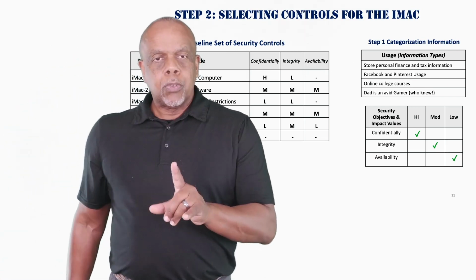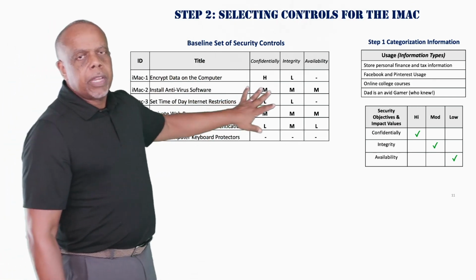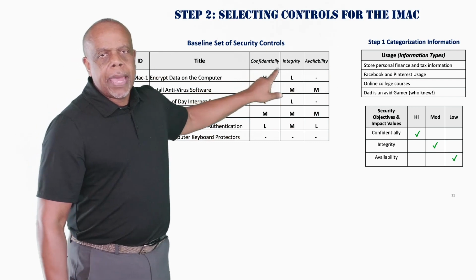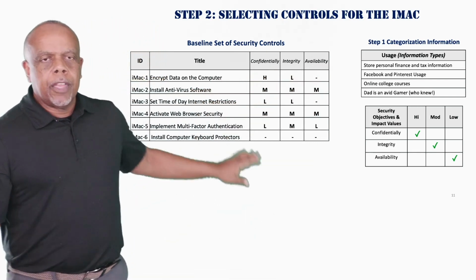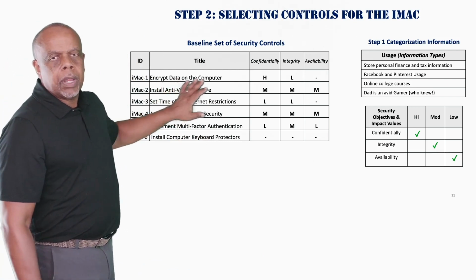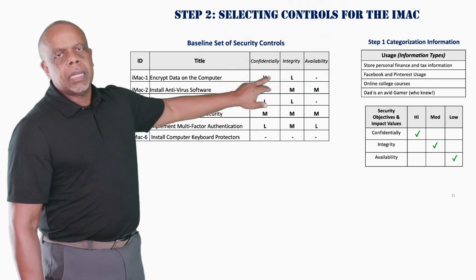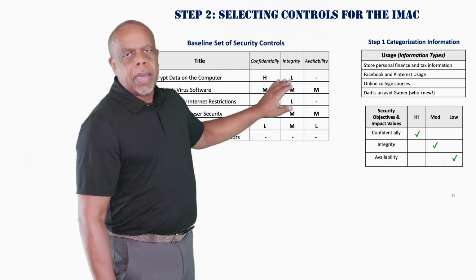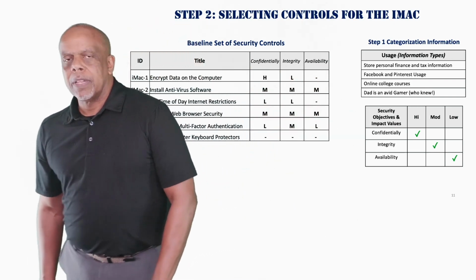Now, they did something else for me. Not only did they come up with the control set, they also gave their best estimate of how these controls would impact confidentiality, integrity, and availability. So, for instance, if you encrypt the data on a computer, that is going to have a huge impact on confidentiality, low impact on integrity, and really no impact at all on availability.